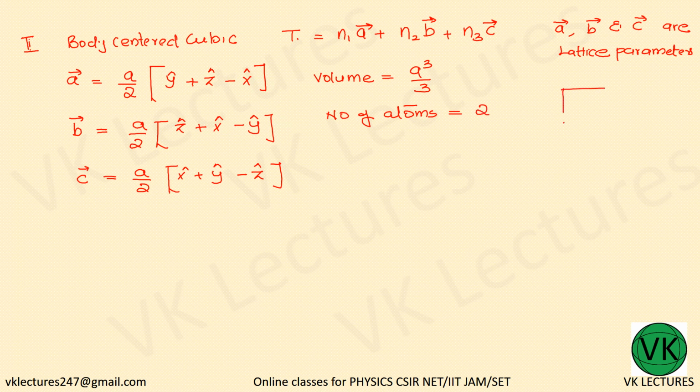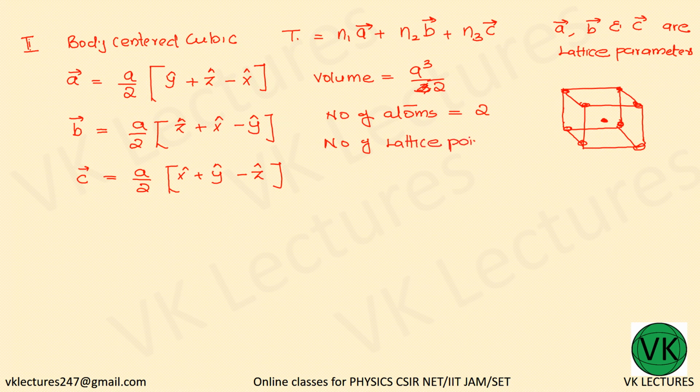because in the cubic crystal we have, this is body centered, one at the center and all other atoms placed at the 8 corners of the cube. So 2 atoms, so this is not a cube by 3, this is a cube by 2. Now this is the number of atoms or number of lattice points.